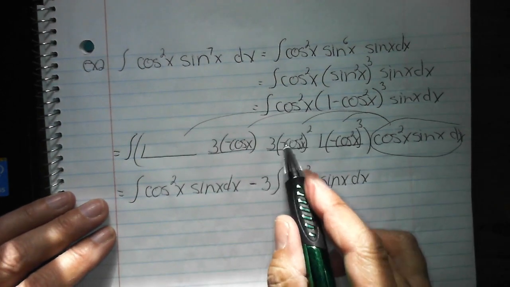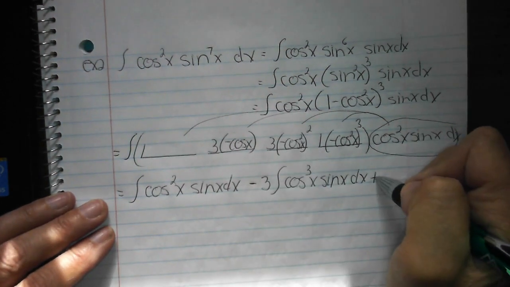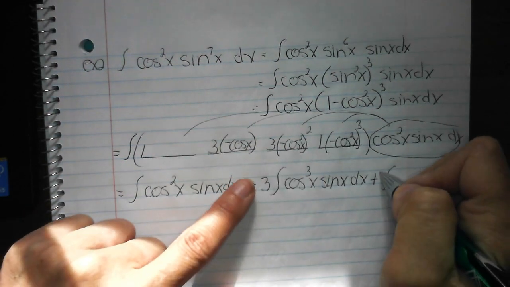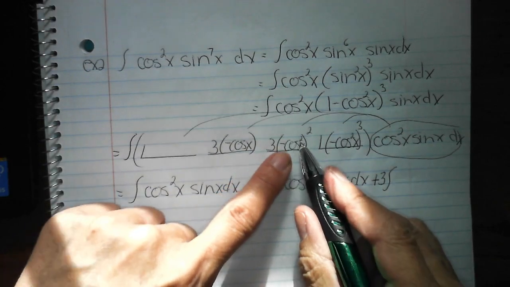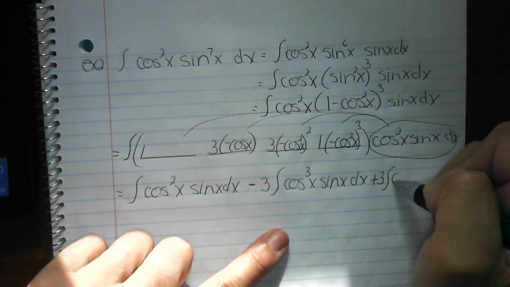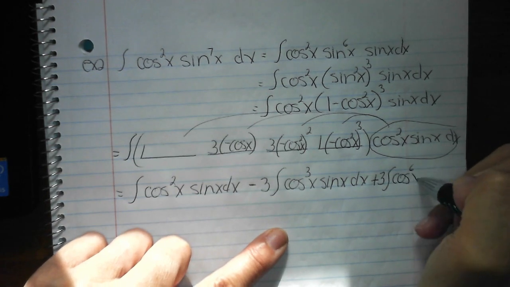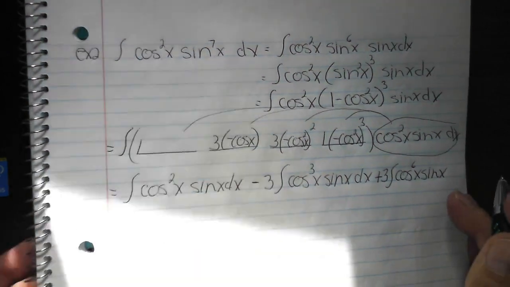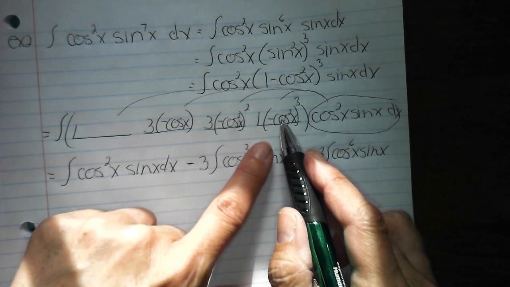Next, I'm going to have a negative squared, so that's going to go positive. I'm going to have a 3. This is going to be cosine to the 4th. Plus 2 more, that's going to be cosine to the 6th with a sine x. And I still have one more term that's going to come down here.